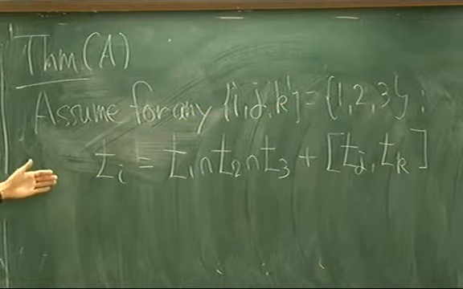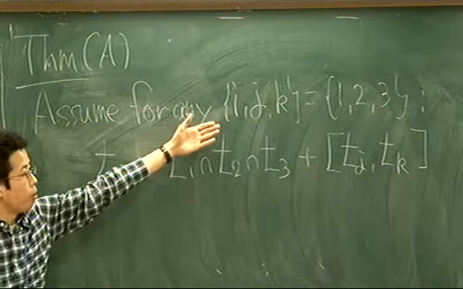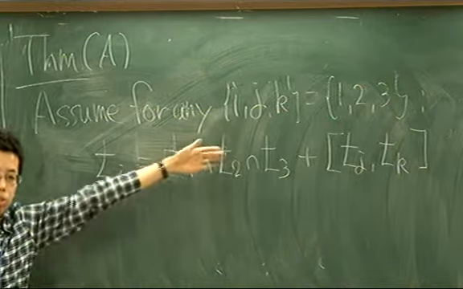We assume this condition for any i, j, k running over the set 1, 2, 3.